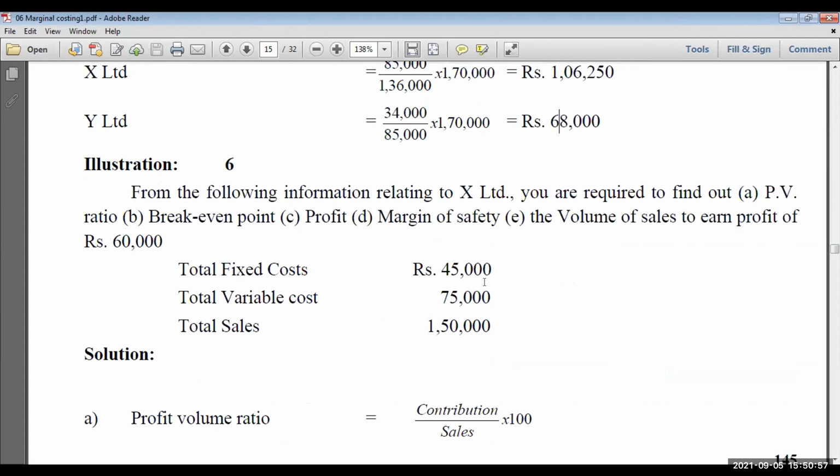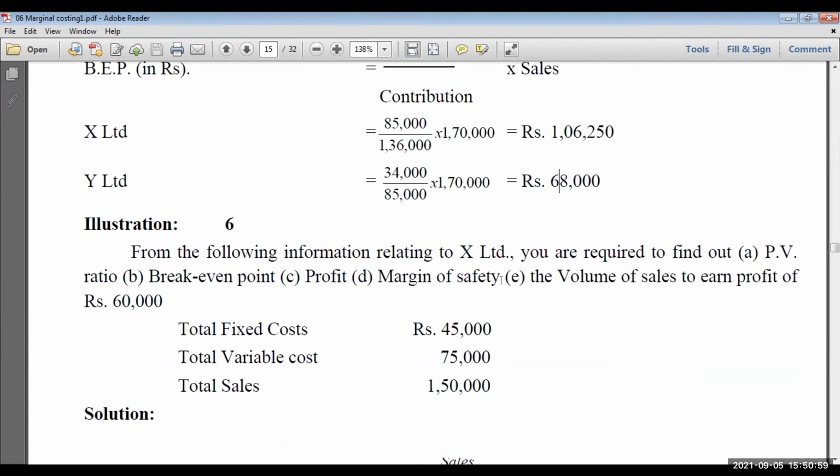From the following, find the PV ratio. PV ratio is contribution divided by sales into 100.